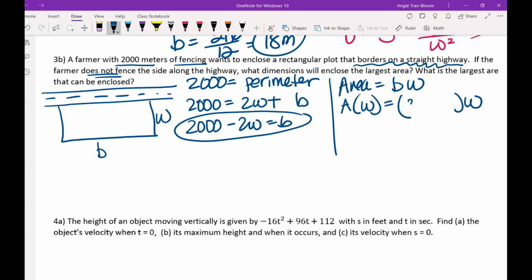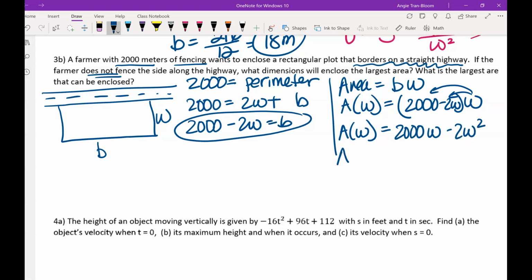Put it over here: 2,000 minus 2W. I am going to take the derivative to find the critical points, but this time it's easier to distribute and use the power rule. Okay, so here we go. A prime with respect to W is just 2,000 minus 4W.